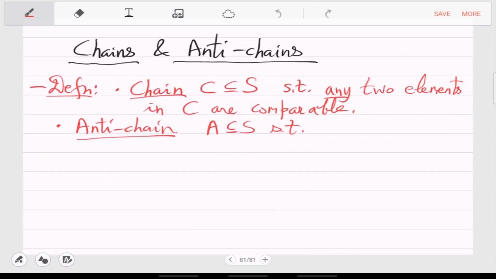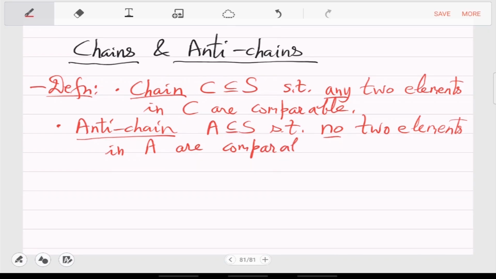Such that no two elements in A compare. Obviously, when I say two, I always mean distinct. Otherwise, reflexive is a counterexample. So no two different elements are comparable. Any pair of distinct elements are incomparable. That's an anti-chain.